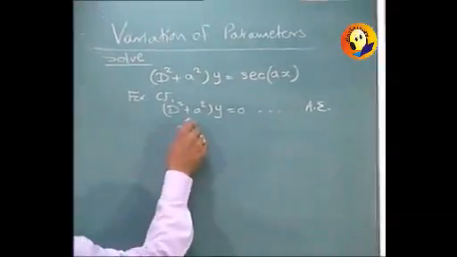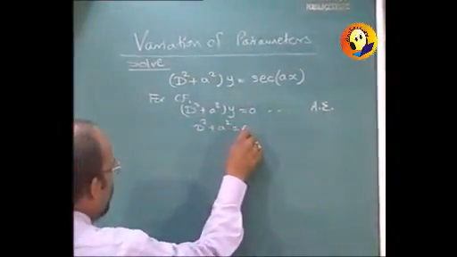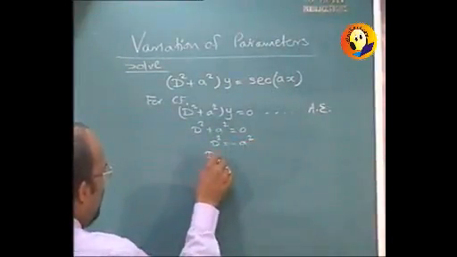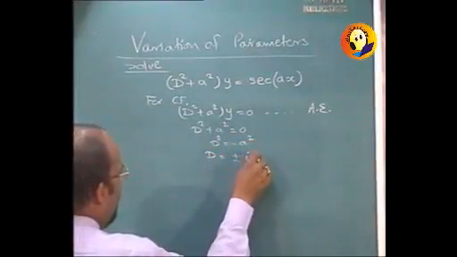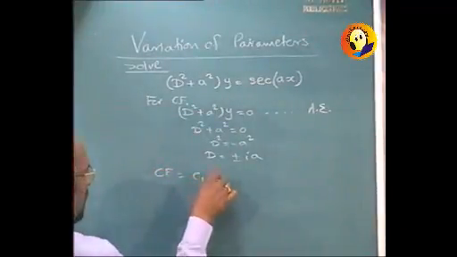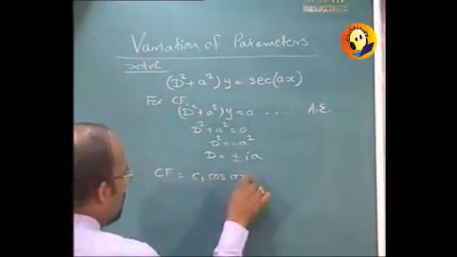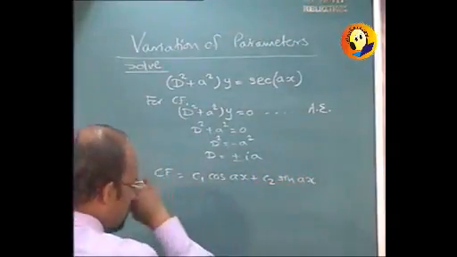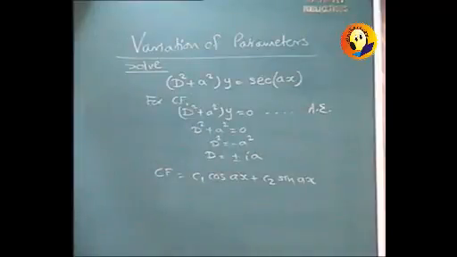So D square plus a square equal to 0, D square equal to minus a square, D equal to plus or minus ia, and therefore CF will be C1 cos ax plus C2 sin ax. That is going to be the CF.